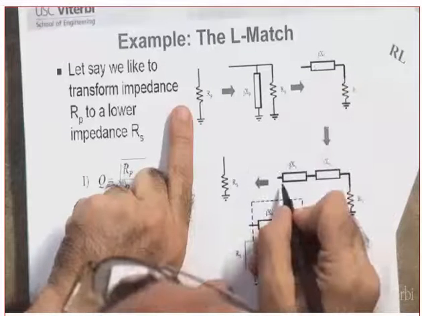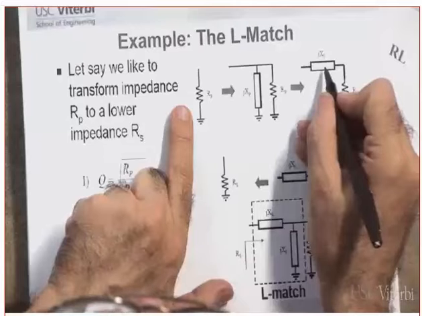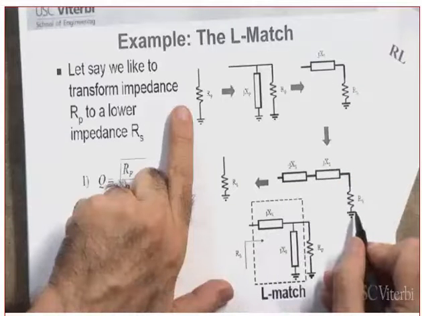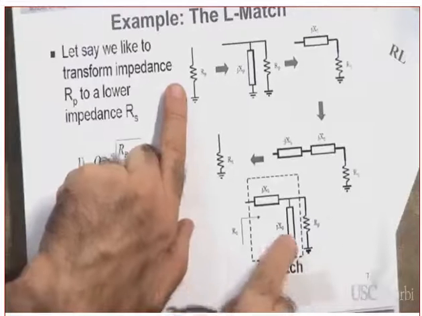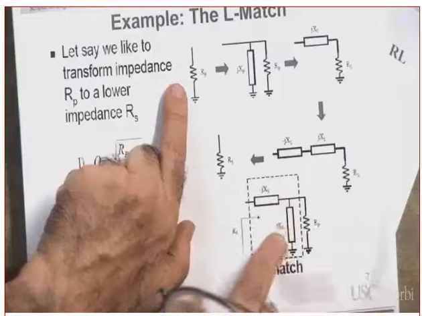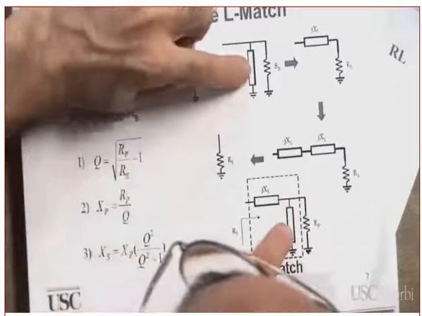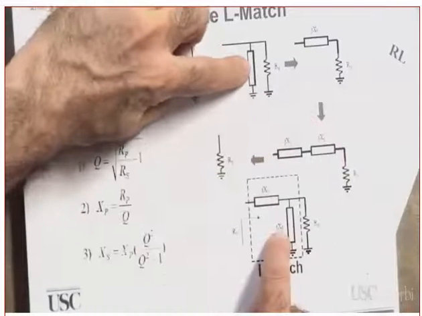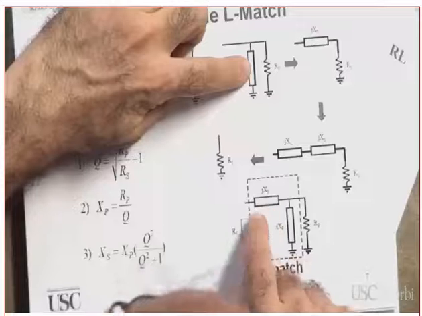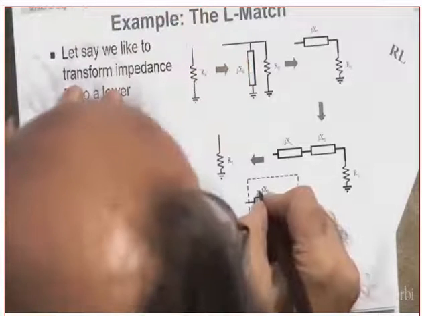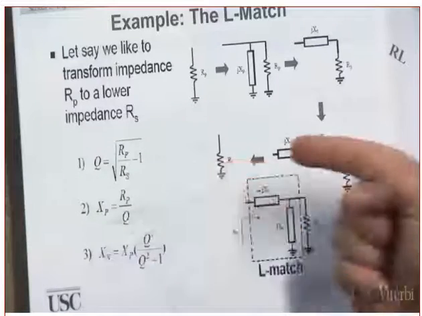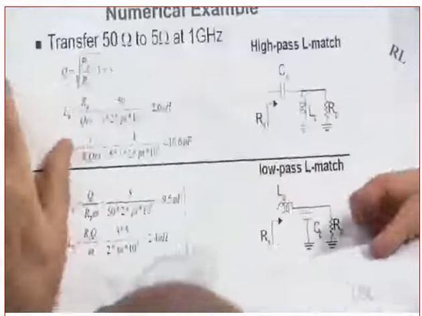And then I will add the complex conjugate of this so that this cancels with this, and I end up with just this. Yes? So this is now the overall network. Where is this guy? This guy is this guy. There's a typo here. This one should be minus JXS. Clear? Which means the L shape is on this side. I want you to see the L shape here.